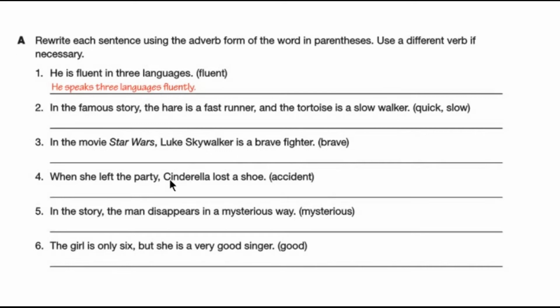Number 5. In number 5 you have the verb. A volunteer, somebody, in the story. The question is, the man disappears in a mysterious way.